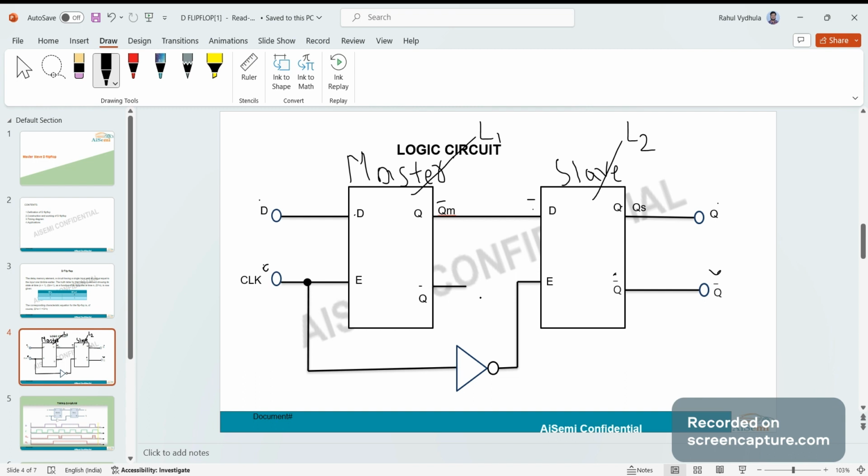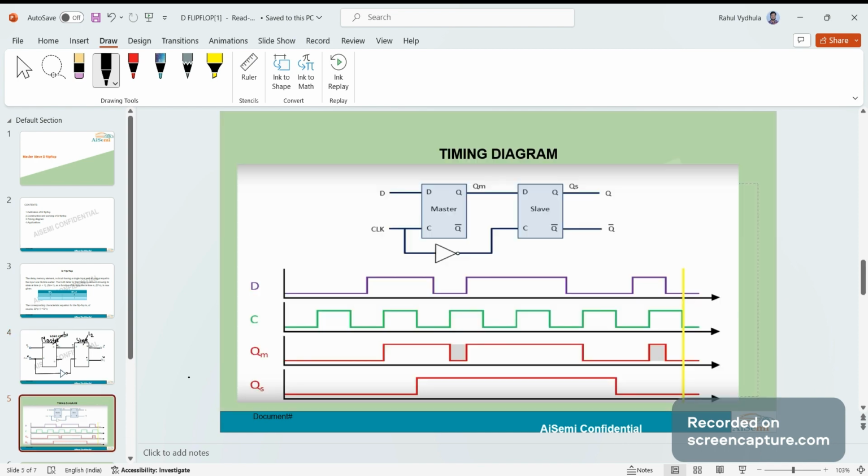We'll go by taking this timing diagram. This is a timing diagram actually. We'll assume that initially this D is 0, this QM is 0, that means for this output, and QS is also 0, that means this is also 0.